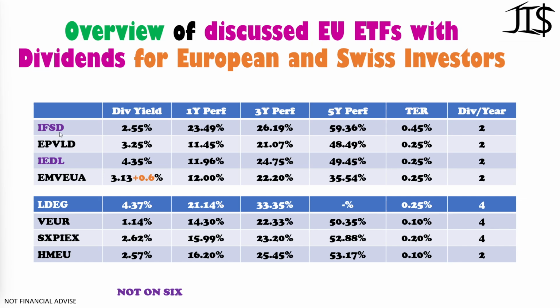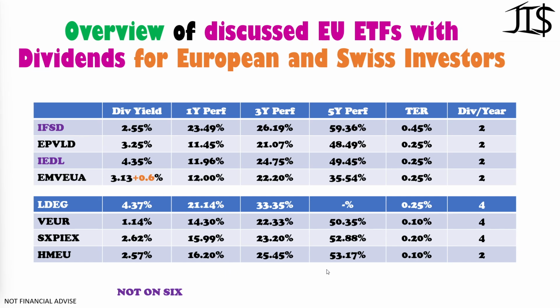And as the other ones are always mentioning MSCI, I wanted to include the MSCI Europe ETF as well from HMEU, so HSBC ETF one, where you have a dividend yield of 2.57%, 1 year performance of 16.20%, so better than the last three ETFs that I discussed in this video, but less than the IFSD one from iShares.